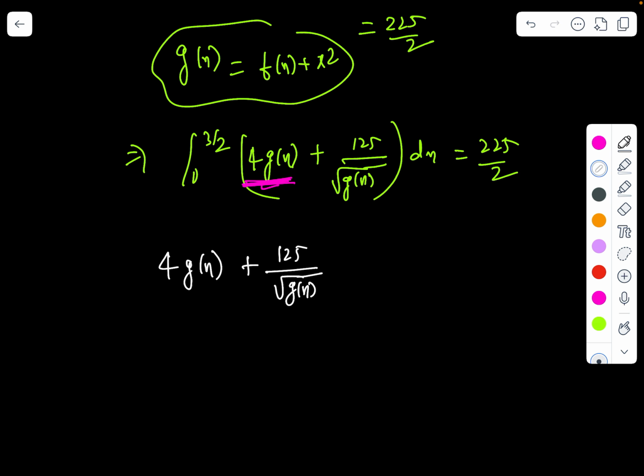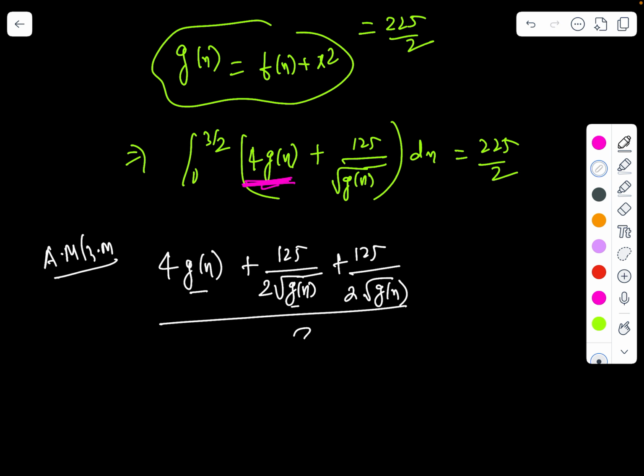One thing is, you can take gx as u and use calculus to find the minima, but we can play safe over here, because I can bring two copies of root gx, so that after GM gets multiplied, root gx whole square will come and gx will be killed. I can write this as 125 by 2 root gx. And now apply AM-GM inequality over here. So this by 3 is greater than or equal to the third root of the product. I will see the product.